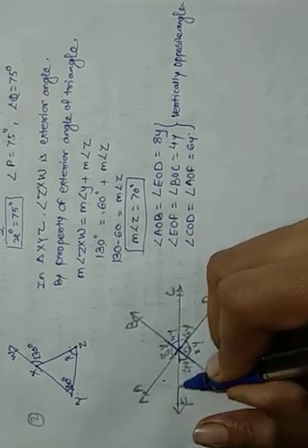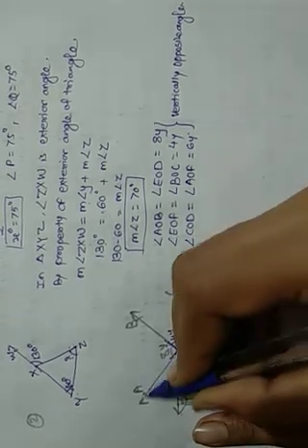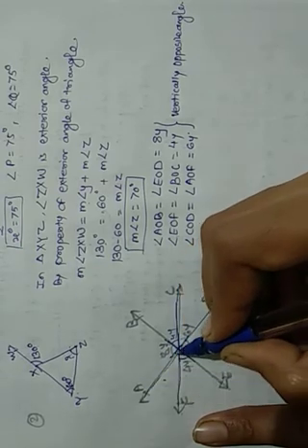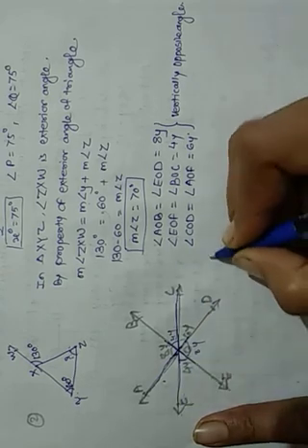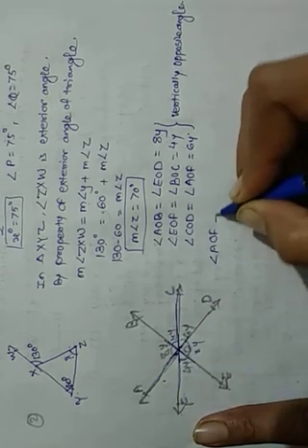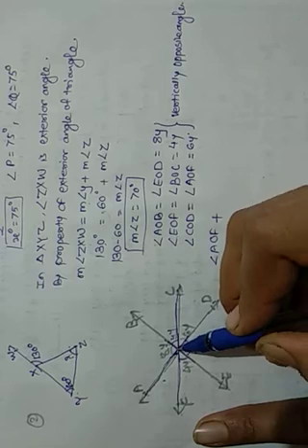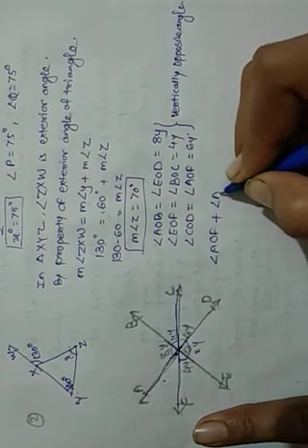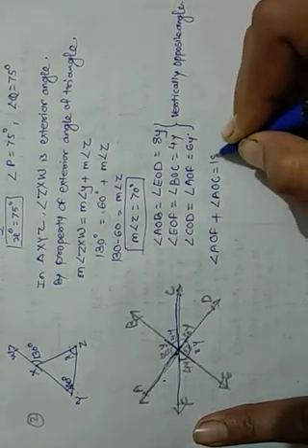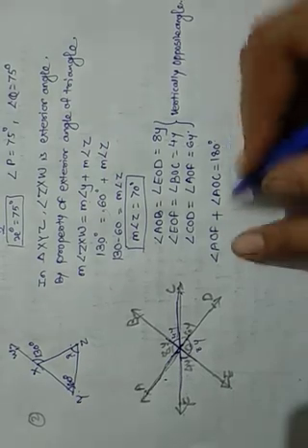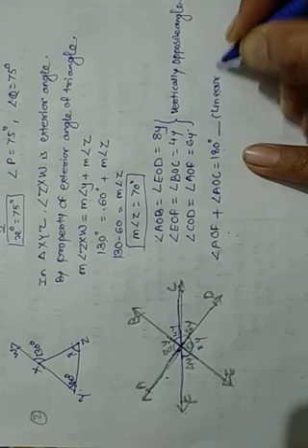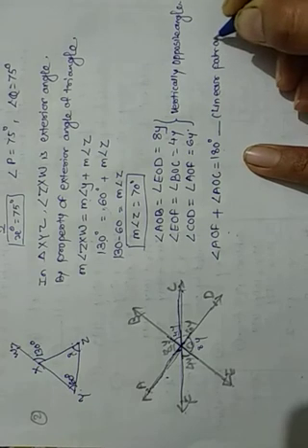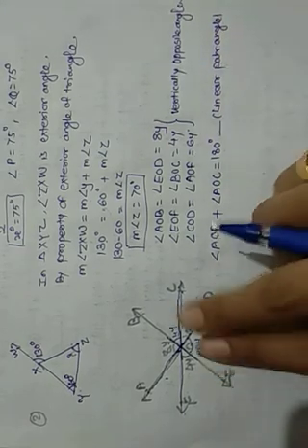See in this figure FC and this AO, angle AOF plus angle AOC is equal to 180 degrees because these two angles are linear pair angles. It means their sum is 180 degrees.